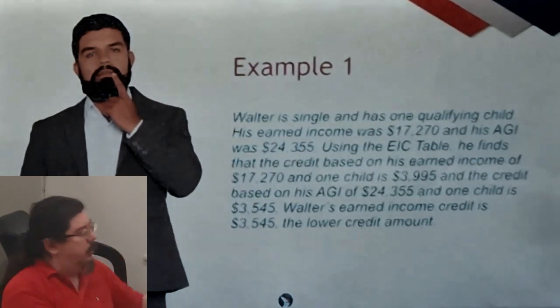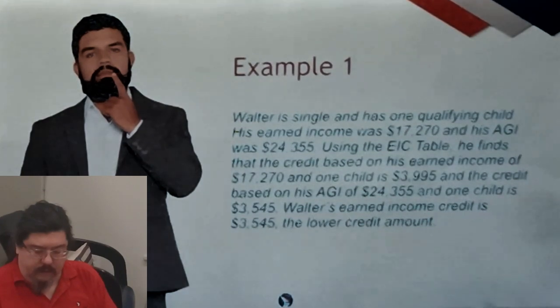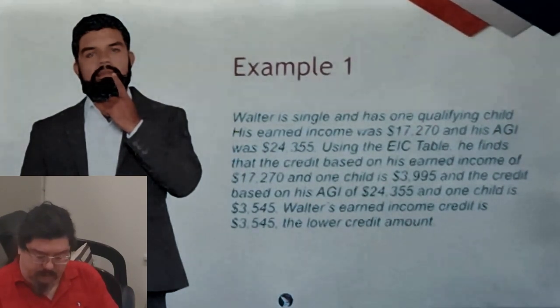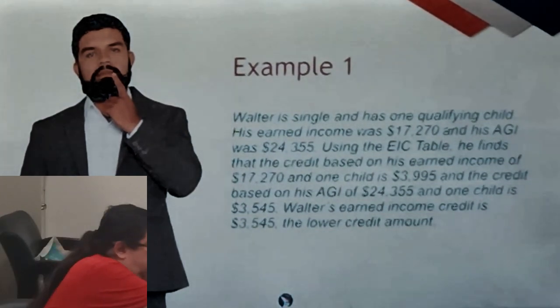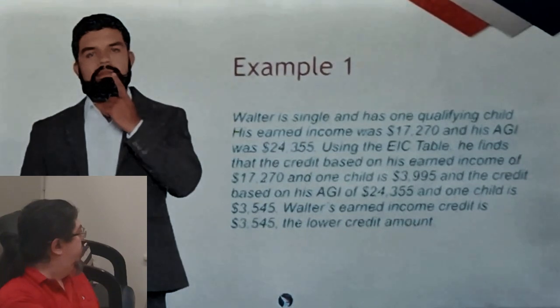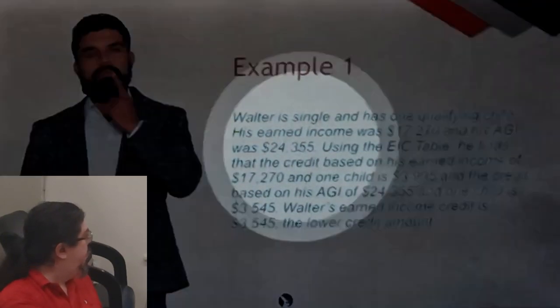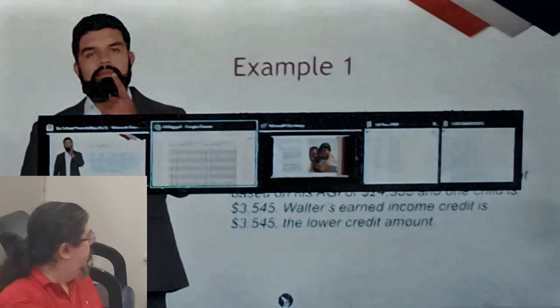If you want to follow along, the earned income table is in the workbook right after the tax tables, starting on page 16. And because his adjusted gross income is more than his earned income, we have to look up both numbers.